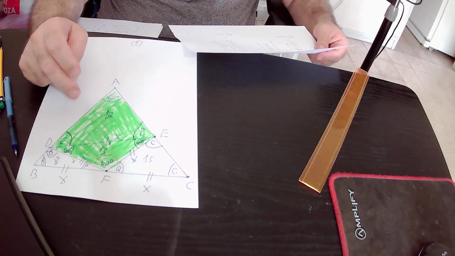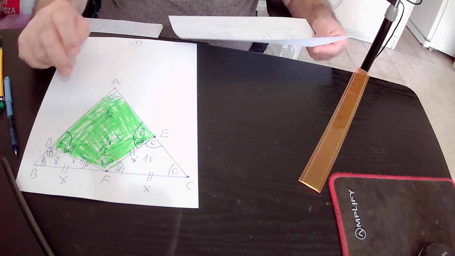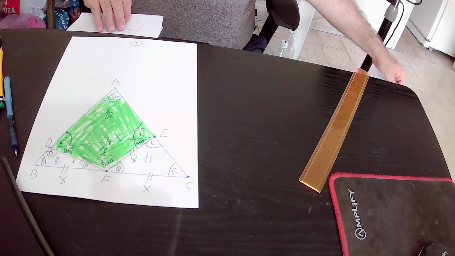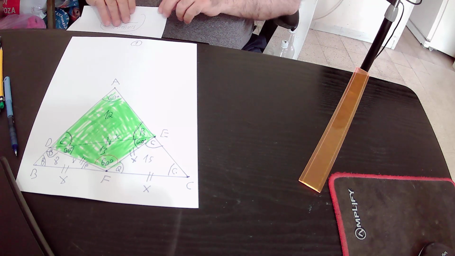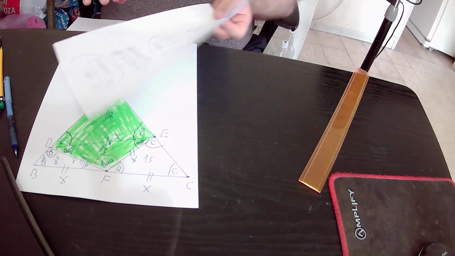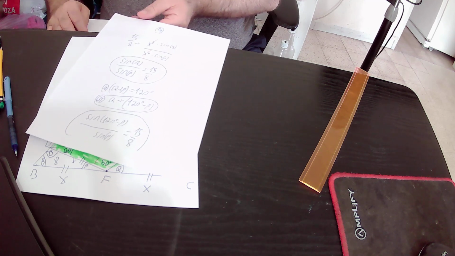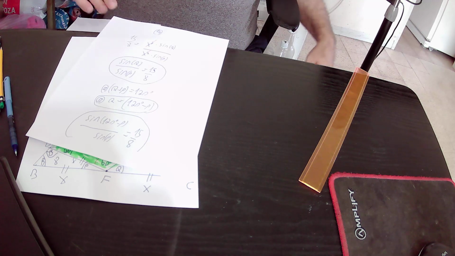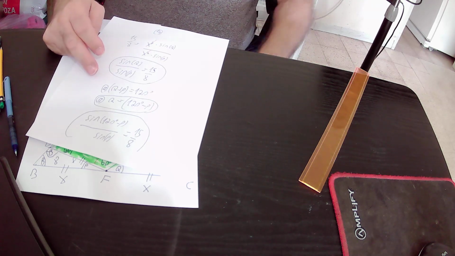Okay, and we got that sine q over sine p equals 15 over 8. But we know that q plus p equals 120 degrees.